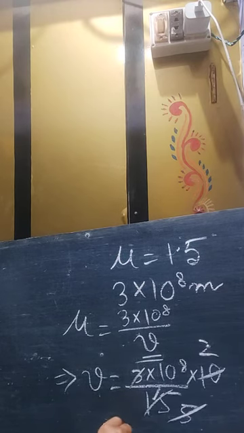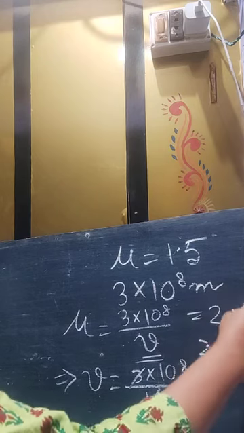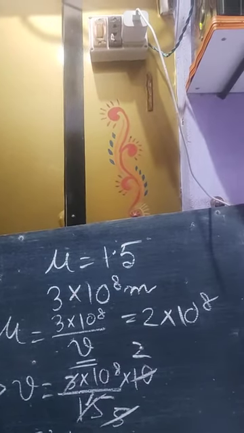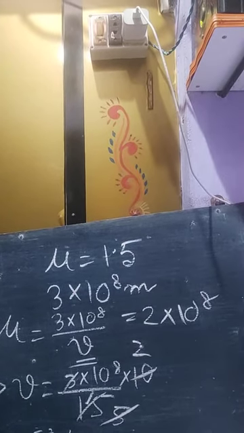So the velocity will be 2 into 10 to the power 8 meter per second. This kind of numerical you may face in your examination. I think up to this it is clear to all. In the next video I will continue with refraction through the glass slab and the prism. Okay, thank you.